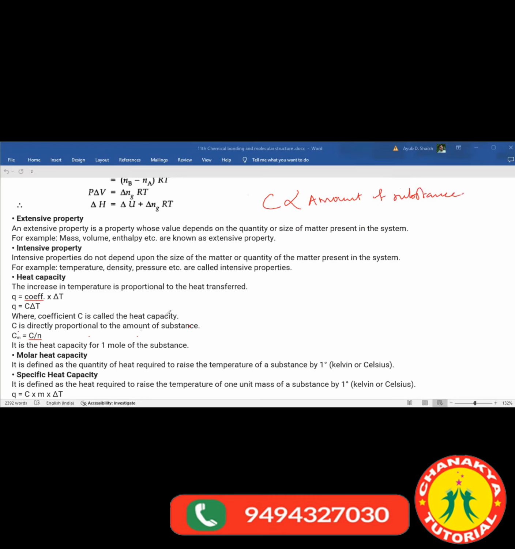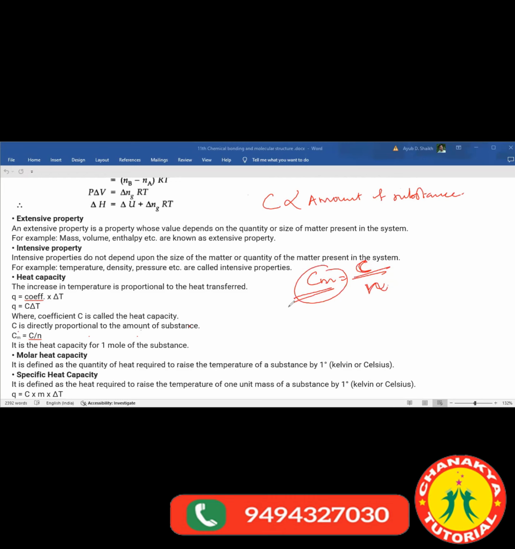Now, here they have given Cm is equal to C upon N. What does it mean? This is the heat capacity for 1 mole of substance, meaning total heat capacity divided by the number of moles. So you will get the heat capacity for 1 mole.